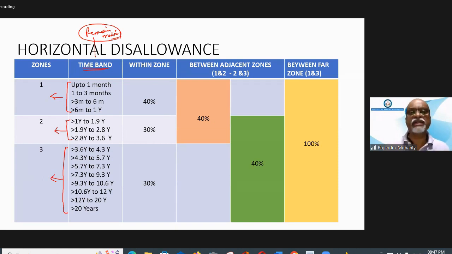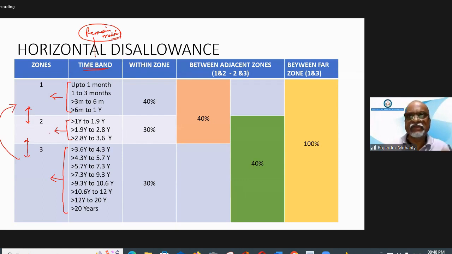Now, horizontal allowance. What is horizontal disallowance? Horizontal disallowance is applicable on the netted amount across the zones, that means interzone. Interzone means it will happen if there is an adjustment of netting between zone 1 and zone 2, zone 2 and zone 3, or zone 3 and zone 1.